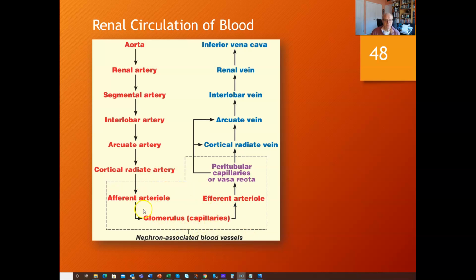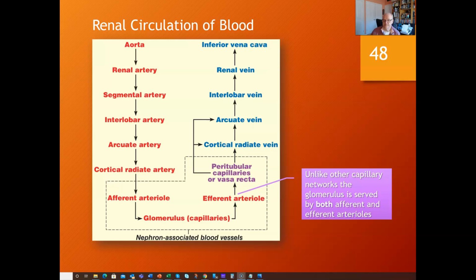Then associated with the nephron here, we have the afferent arteriole, the glomerulus, and then the efferent arteriole. It's not a venule. And then we get the peritubular capillaries of the vasa recta, which feed back into the cortical radiate vein, the arcuate vein, the interlobar vein, the renal vein, and then the inferior vena cava back in the heart again. Okay.